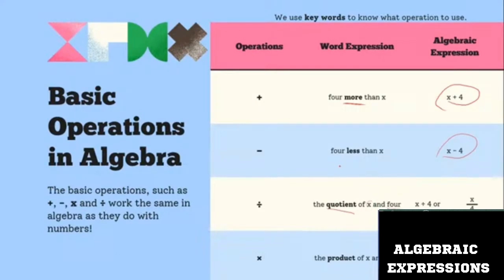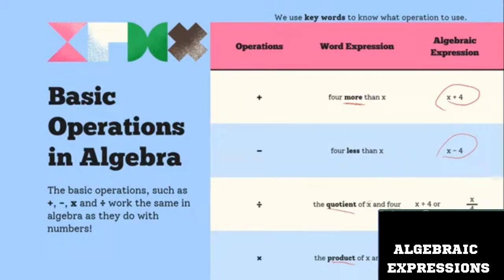So the quotient of x and 4 is x divided by 4, which is x over 4. Then sometimes we are given problems which involve products. So the product of x and 4 would be x multiplied by 4, or 4x.